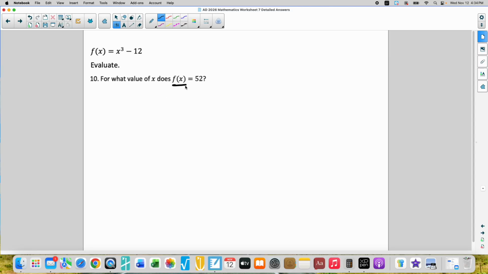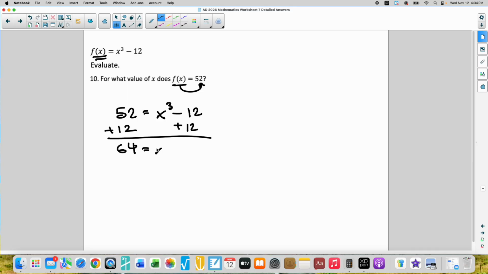So this is my output. So I'm substituting this in for f of x. So 52 equals x cubed minus 12. Let's add 12 to both sides. We get 64 equals x cubed. Let's take the cube root of both sides.